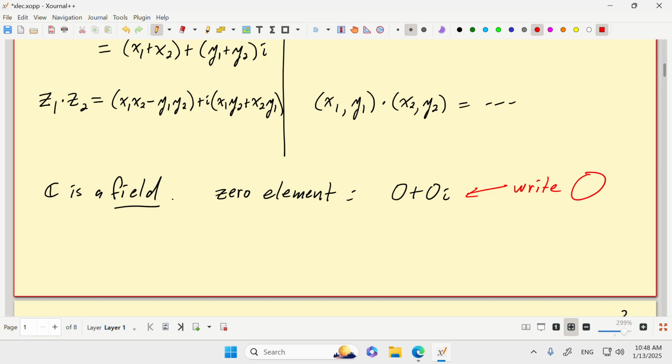And the identity element is 1 plus 0 times i. And of course, we'll write 1 for that. So that would correspond to the origin in the plane, and this would correspond to the point (1, 0) in the plane.